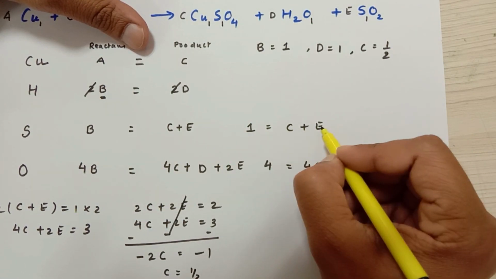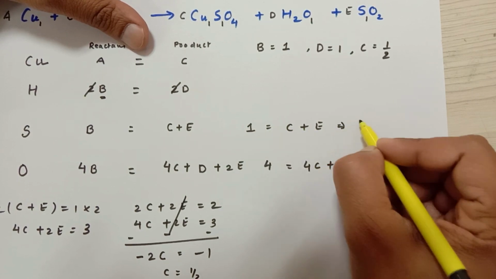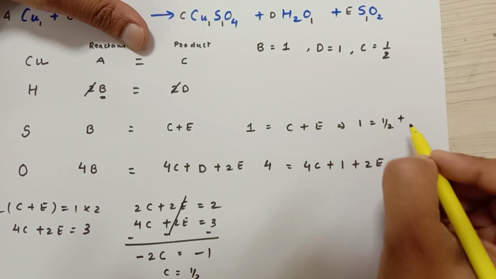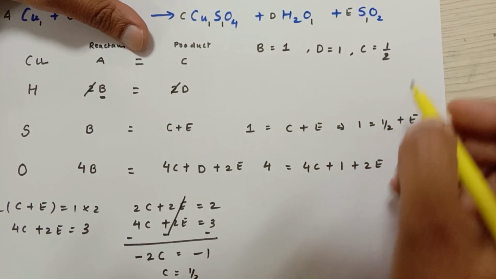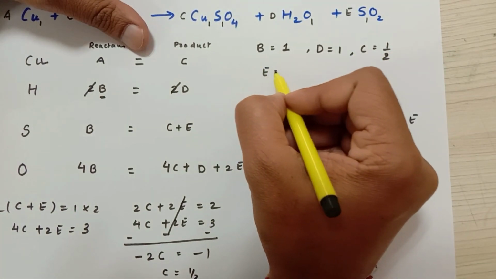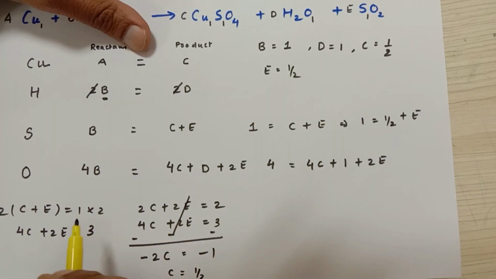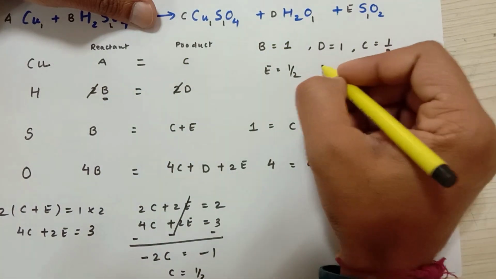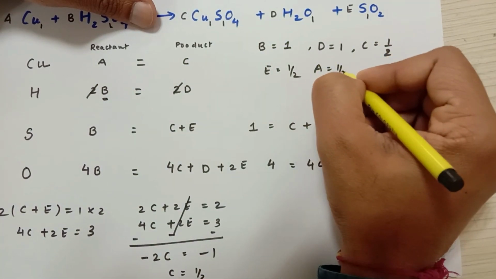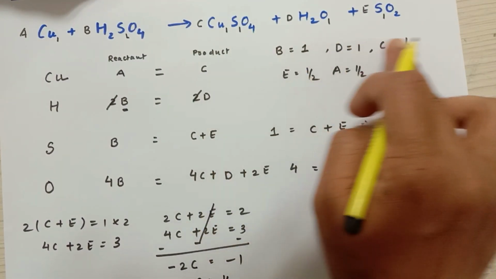So C plus E is 1. That means 1 is equal to half plus E. So the value of E from here is 1 minus 1 by 2, so again the value of E is half. Right guys? Okay. Now since A and C are equal, A is also half.